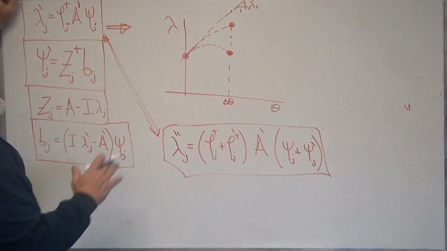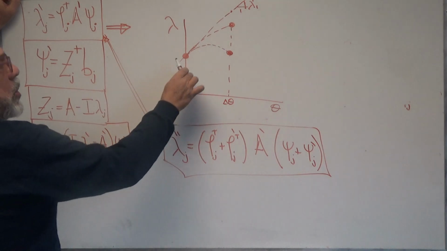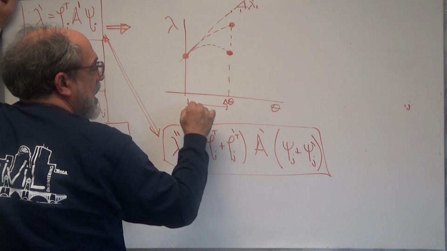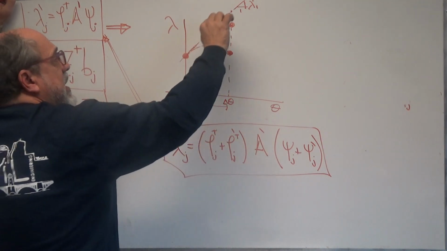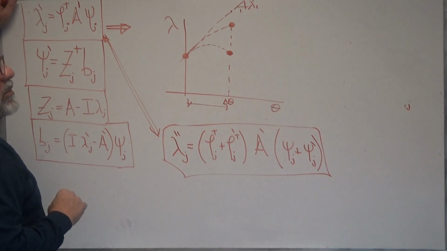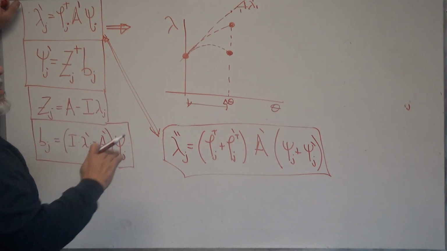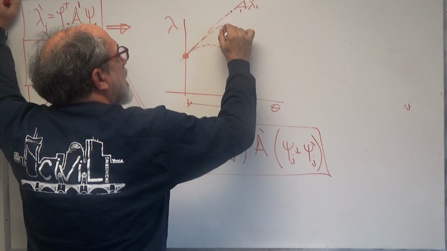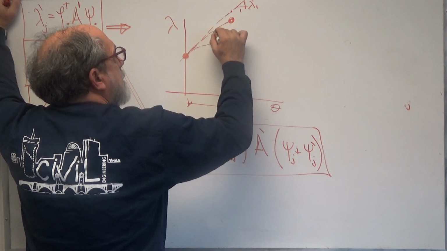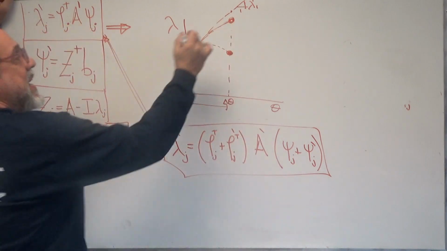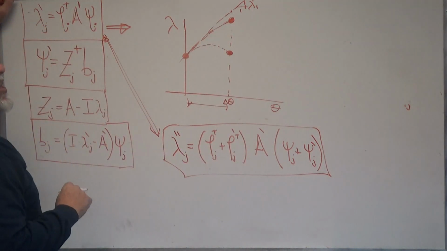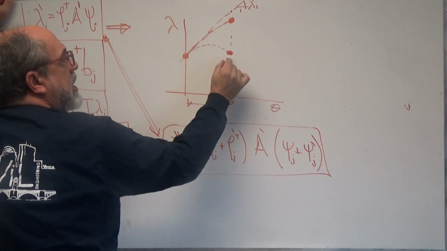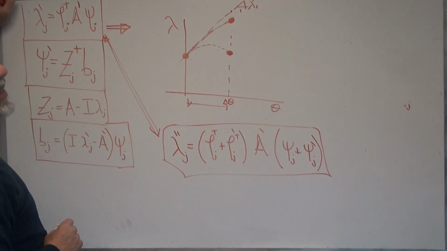But what I mean is that if I want to know how much my eigenvalue is going to change due to this much change in the parameter, the linear estimate is reasonable, still significant error there. So let me just show it like this. Okay, the estimate of the change based on the linear estimate is reasonable on this line, but quite wrong on this other line for that delta theta.